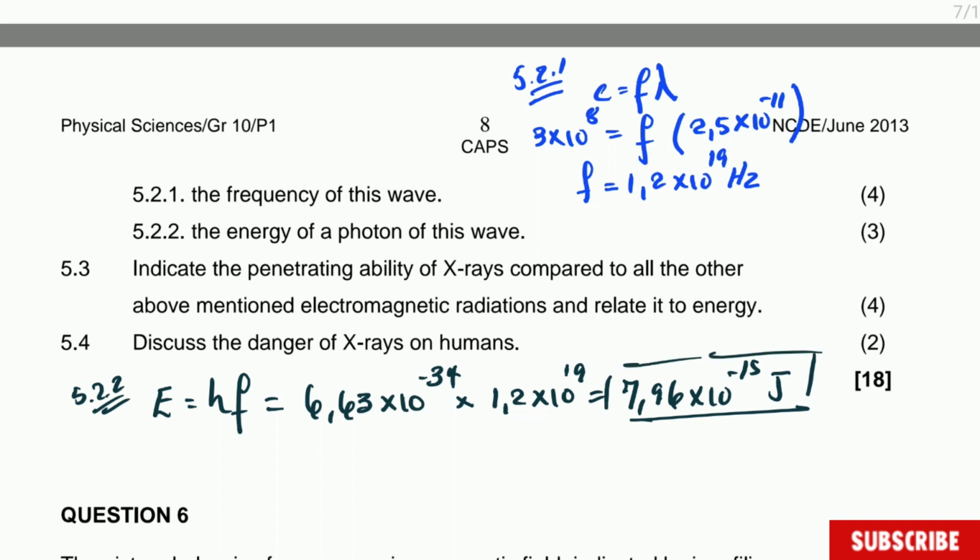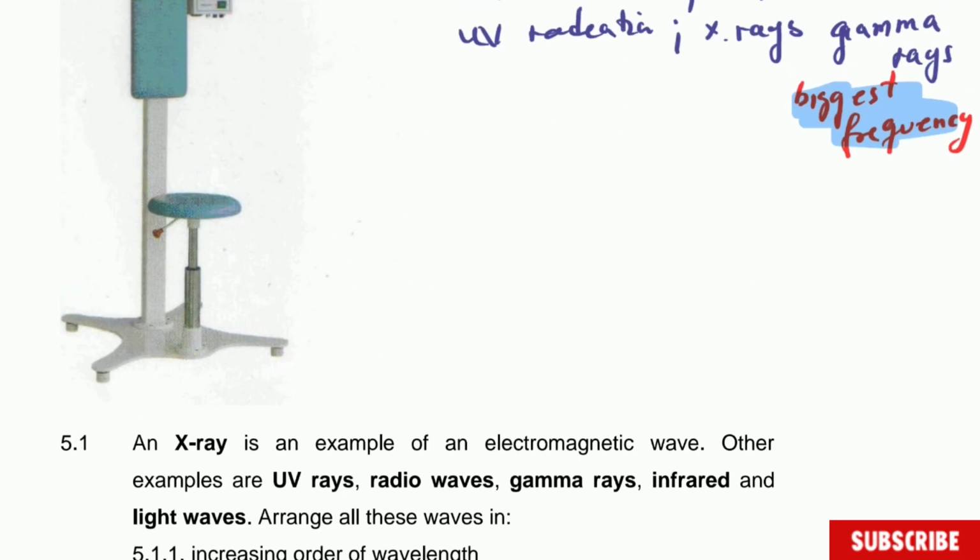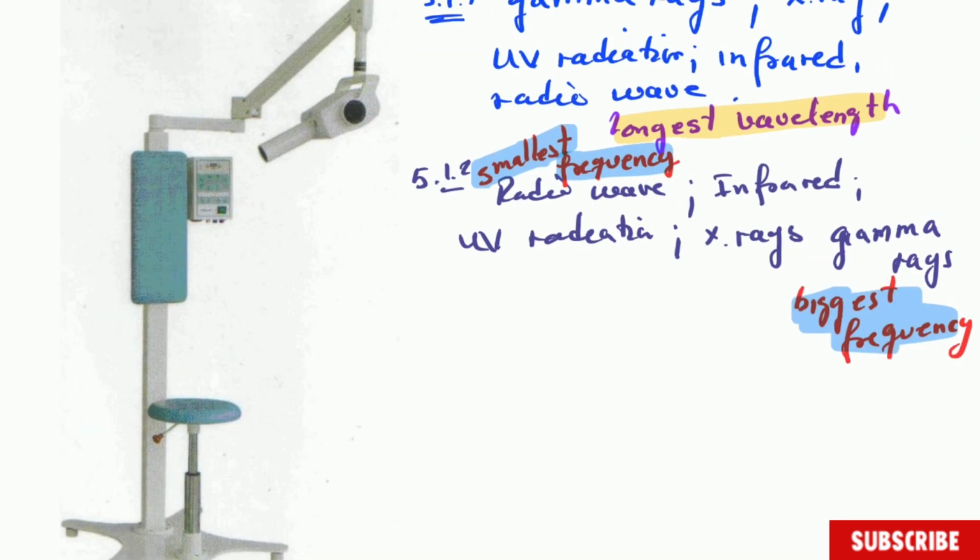5.2.2. Indicate the penetrating ability of X-rays compared to all the other above mentioned electromagnetic radiation and relate to its energy. Now, they want to compare the X-ray with all of the ones that we mentioned here, with all of those.